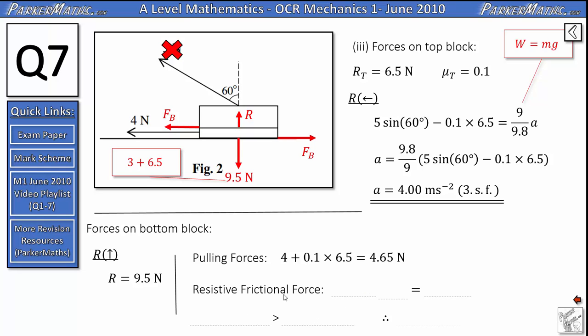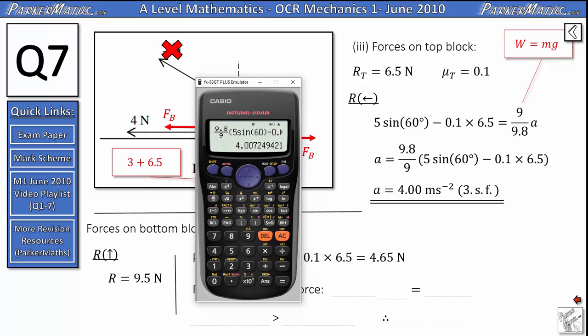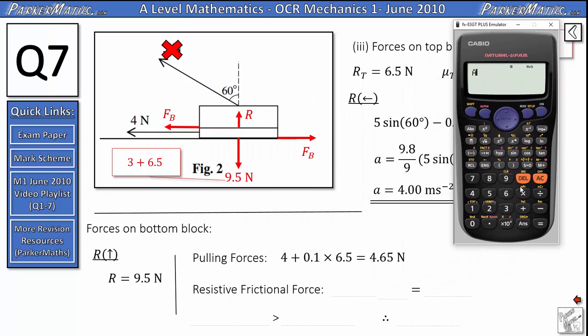Now I'm going to consider the resistive frictional force, and to calculate that I need to do mu R again, but with a different mu and a different R. If you remember back to part 1, I stored the value of mu between the surface and the floor as A, and that value was 0.876 and so on. So to calculate the resistive frictional force, I've got my 0.876 multiplied by the normal contact force here, which is 9.5, and that gives me 8.33 newtons and so on.